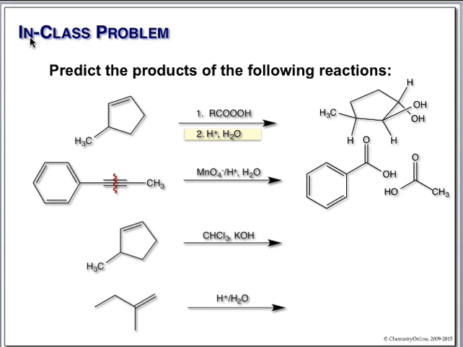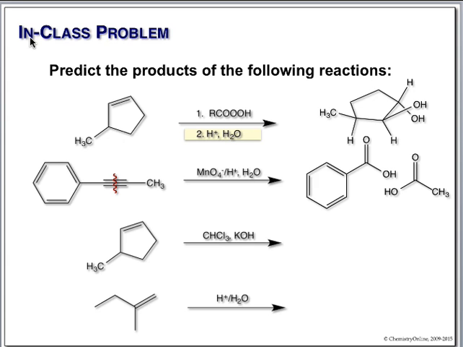Our next reaction here, we have chloroform with aqueous KOH. Now, that undergoes a 1,1-elimination. What KOH does is pull off hydrogen, chlorine leaves, and we form dichlorocarbene.